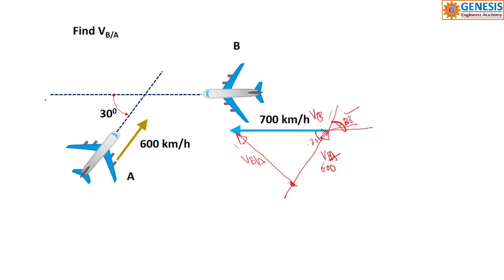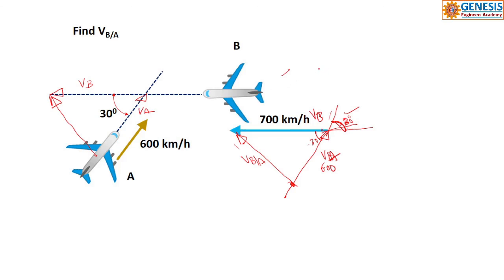This is VB. This is VA. And he wants to know this. So you wanted the angle between these two, so you can straight away find out what that is. But he wants only the velocities.